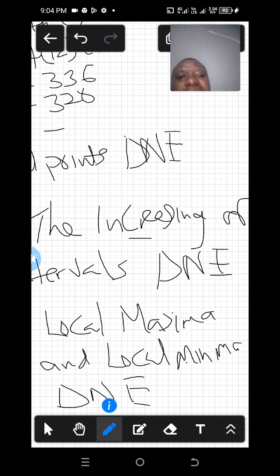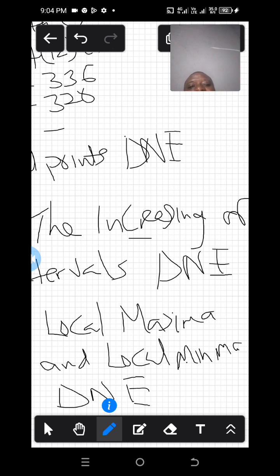If there are critical points, we can know the increasing and decreasing of a function, and through that we know if we have local minima or local maxima.